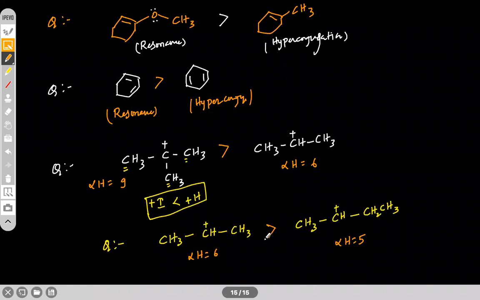So what we need to do is first find out what effect is there, and depending upon the preference order, that is R, H and I, we'll compare the stability. Suppose in a given molecule resonance is possible and hyperconjugation is also possible. So first we'll try to compare with resonance. If we can do it, fine. Otherwise we'll go for hyperconjugation, and then we'll go for I effect. Did you get it?